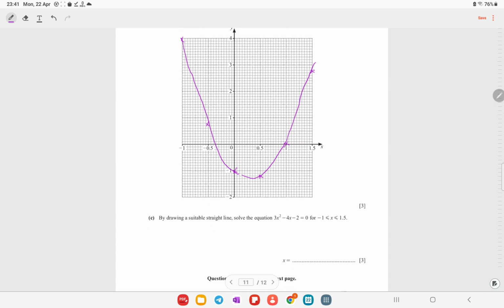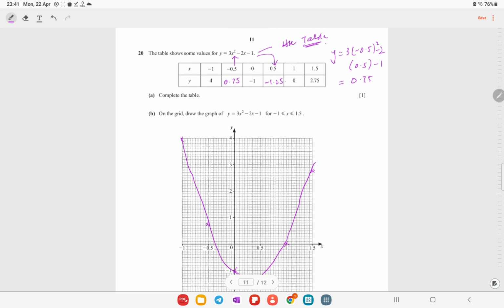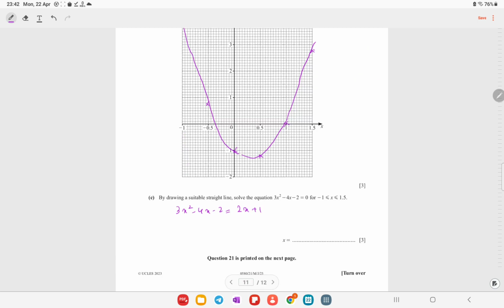Okay, by drawing a suitable straight line, solve the equation 3x squared minus 4x minus 2 equals 0. Drawing a suitable line means that you have to solve this. For this you have to do 3x squared minus 4x minus 2 equals 2x plus 1. How did you come up with 2x plus 1?